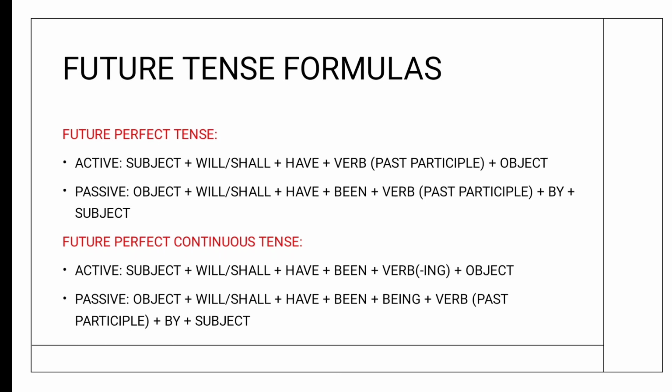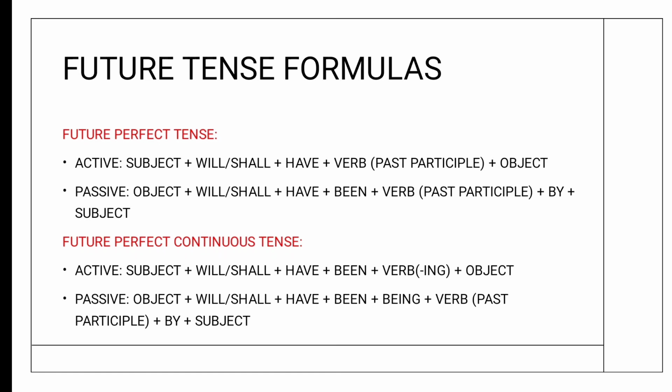In every tense, like present tense or past tense or perfect tense, when you are converting a perfect tense from active voice to passive voice, you have to add been after the be form. So what is the total be form here? Will have been or shall have been plus verb. It is V3, so of course it will become V3 only. V3 plus definitely by plus subject. Object will become subject, and subject will become the object here.